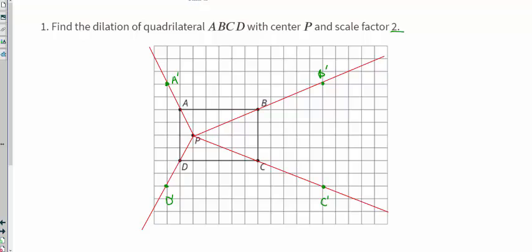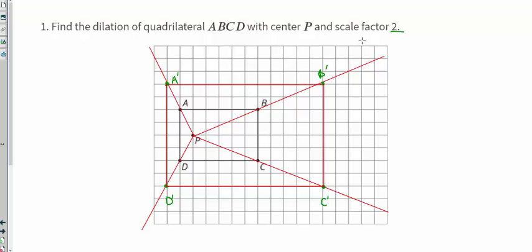Okay, so let's see what that shape looks like. So now we have a rectangle that appears to be similar to the original.